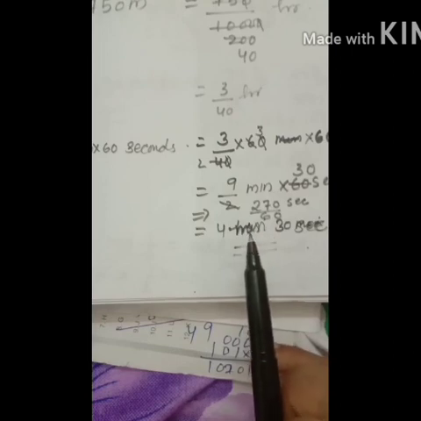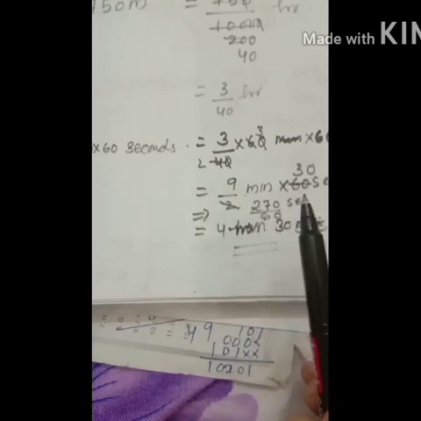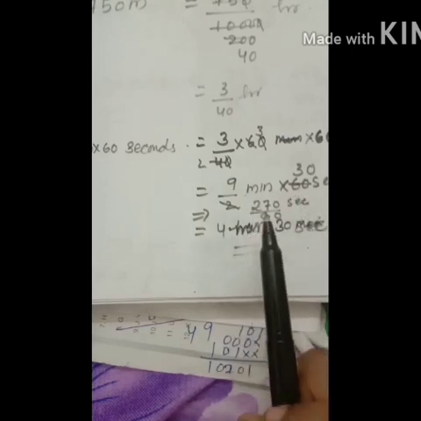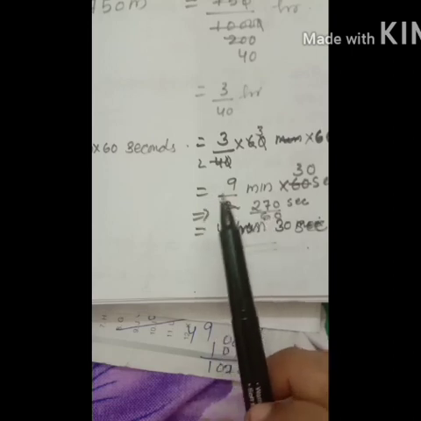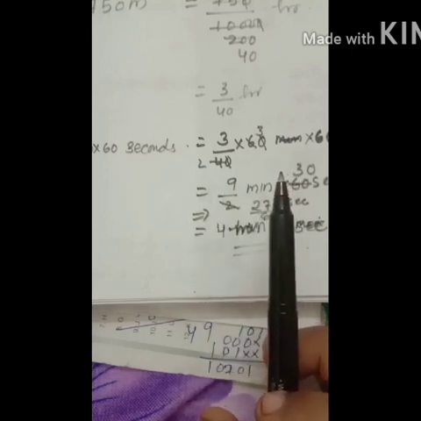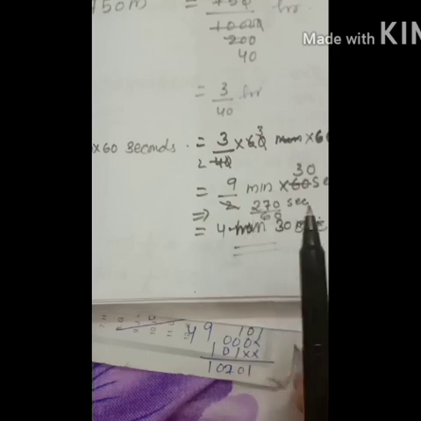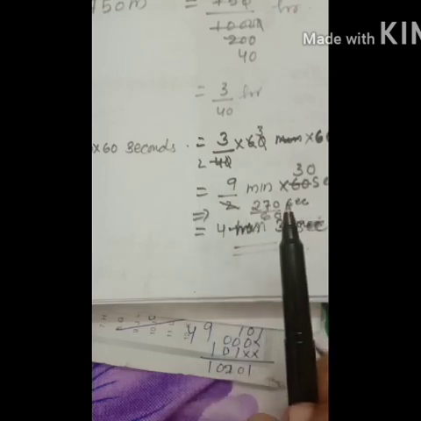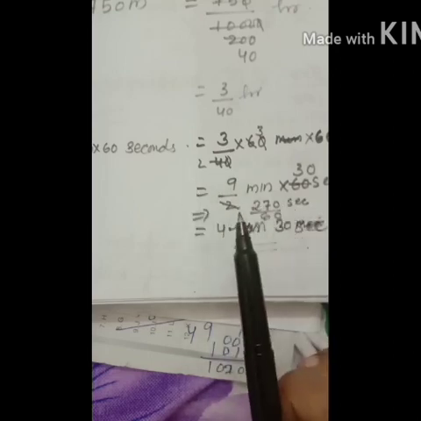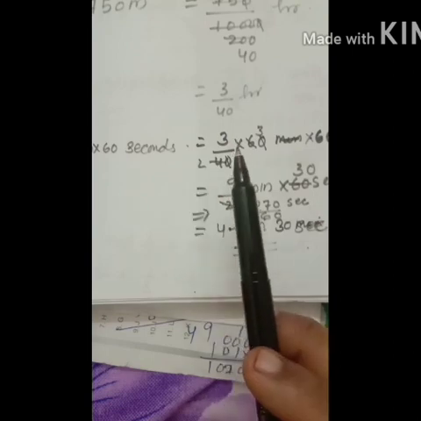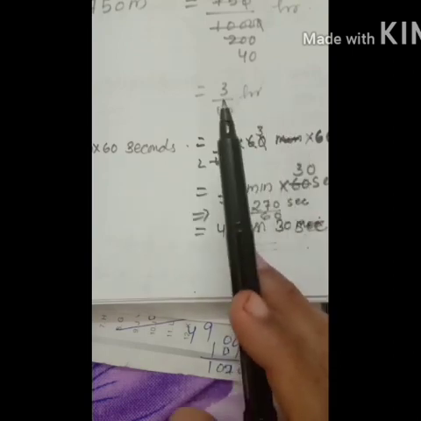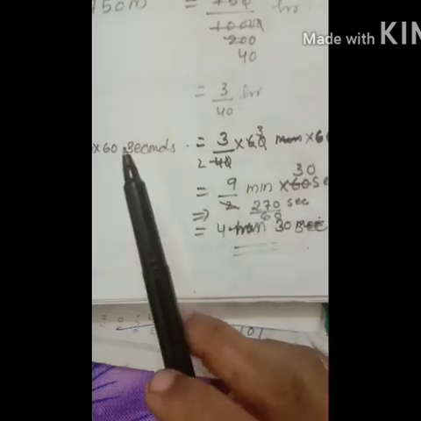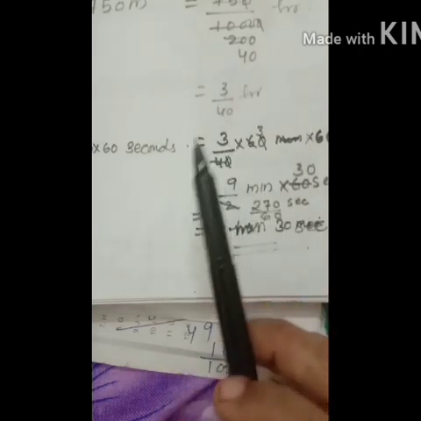If you want minutes and seconds, convert it to seconds and divide by 60. If you want minutes and seconds, first you have to convert into seconds. If you want in minutes, when hour is given, you convert into minutes and divide with 60.